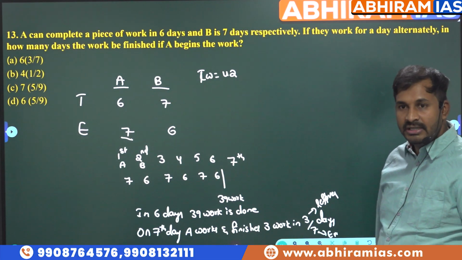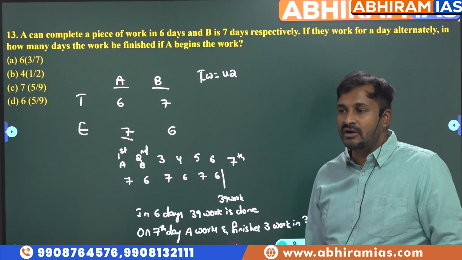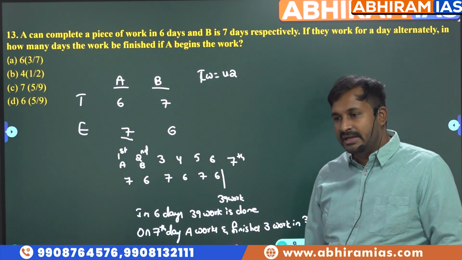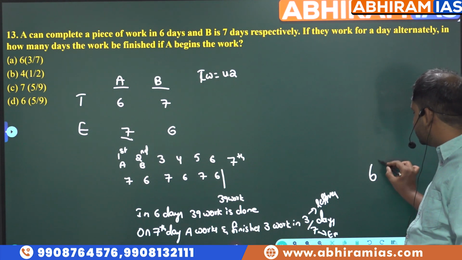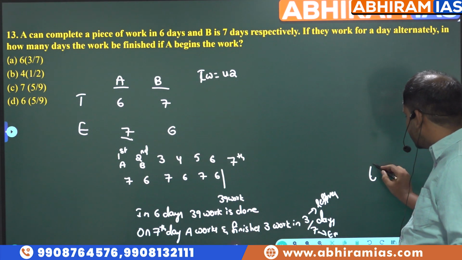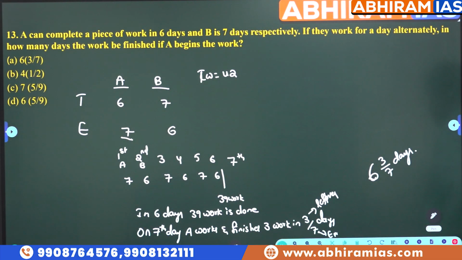For example, if leftover work is 5 and efficiency of A is 8, then what you will write? 5/8. Okay. So my work will be finished in 6 3/7 days. We don't need the whole 7th day, just 3/7 of the day is enough.